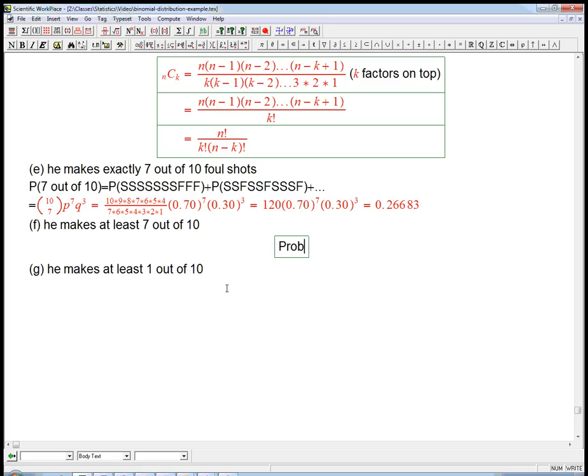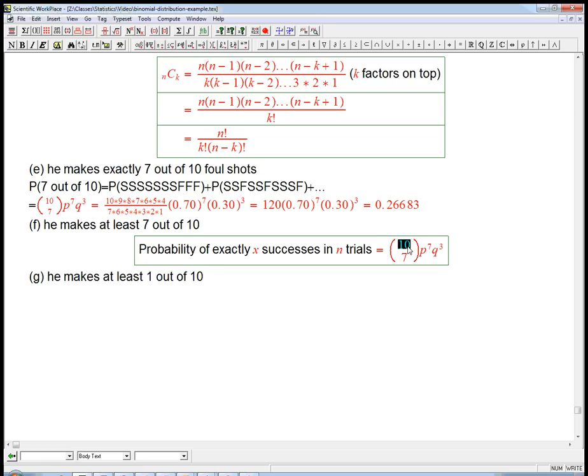The probability of exactly x successes in n trials, where p is the probability of success on each trial and q is 1 minus p, the probability of failure on each trial, is going to be this kind of expression.